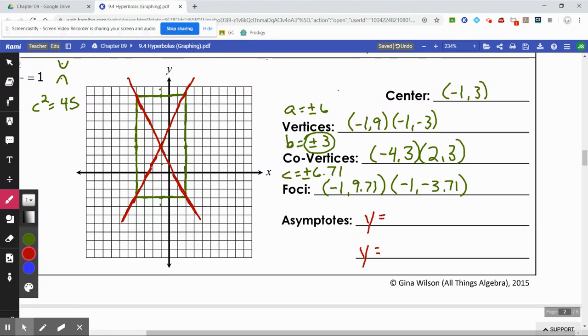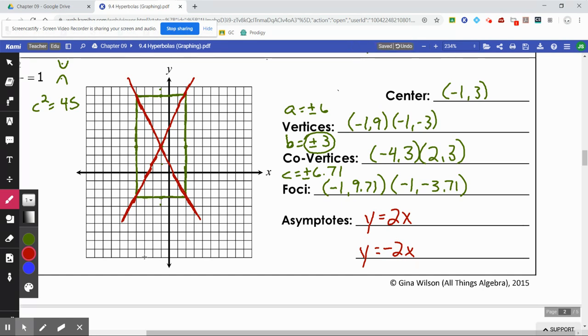We need a slope. And the slope of this line is, since from the center we went up 6 to get to our vertex, we went right 3 to get to our co-vertex. So therefore our rise will be 6, our run is 3. 6 over 3, that will be 2 is our slope. Our other line should have a slope of negative 2. And yes, they will always be opposites of each other.